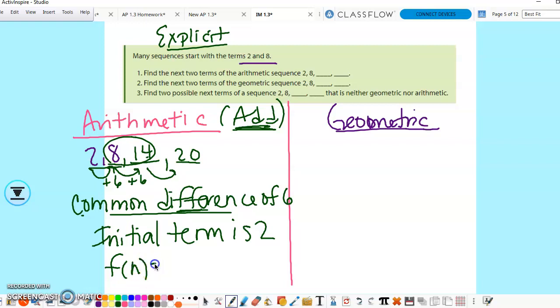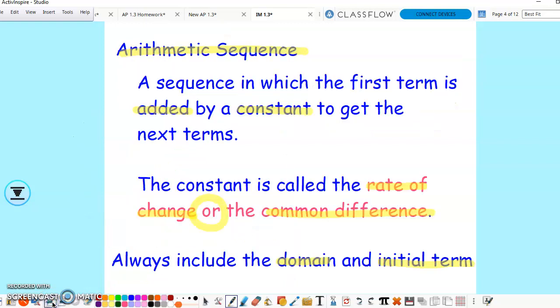That's kind of what we started with in the beginning of the lesson. F of n equals. Now, the other thing, let's go back. I want you to add one more thing to the arithmetic sequence. Where geometric functions are exponential, all arithmetic sequences are linear.